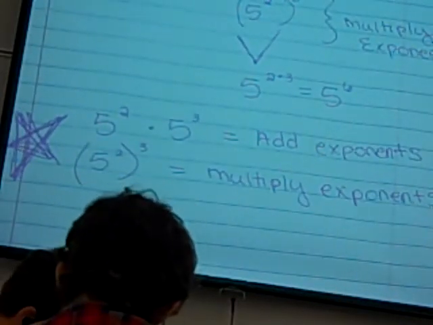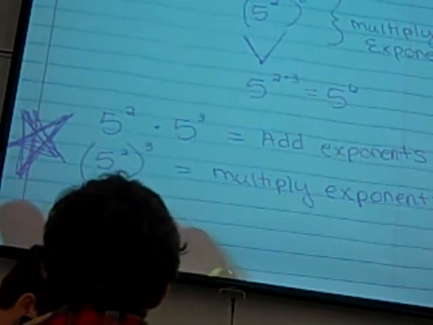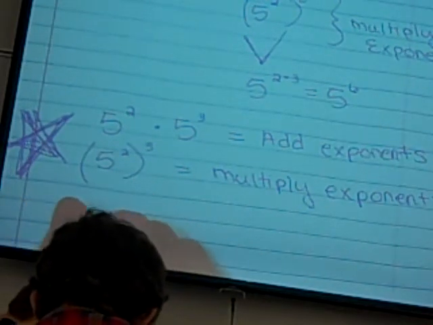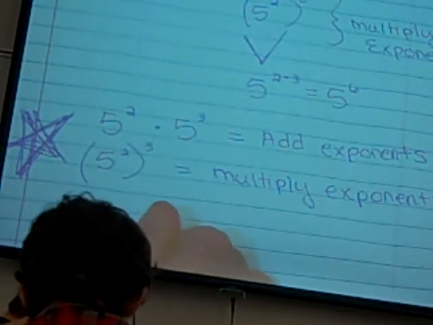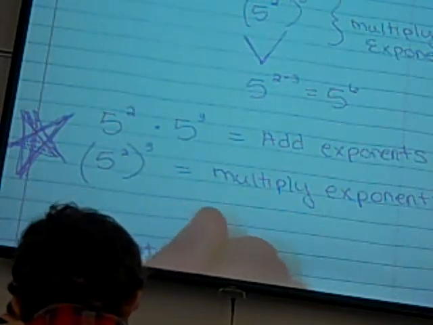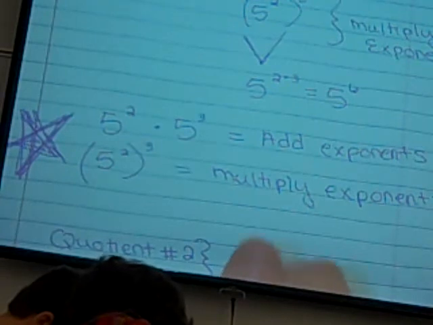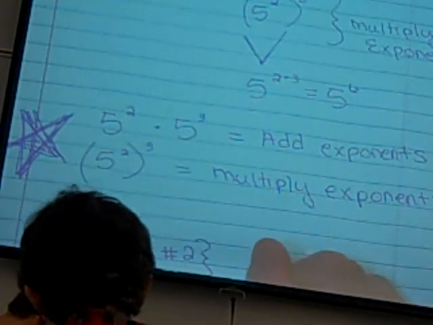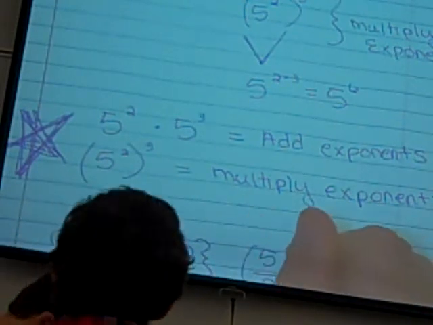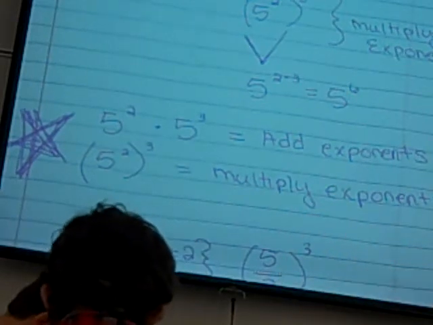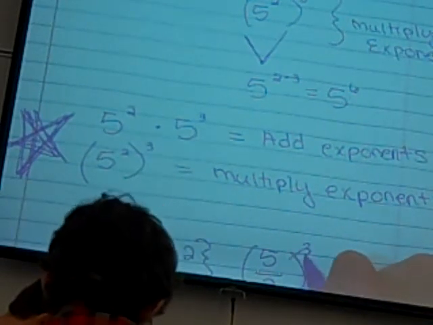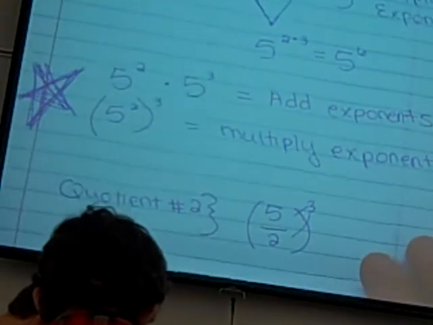Okay, there's also one more quotient property. And this one says, if I have 5 over 2 to the power of 3, it tells me that this 3 is distributed to both the 5 and the 2.